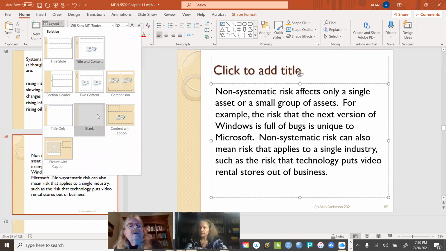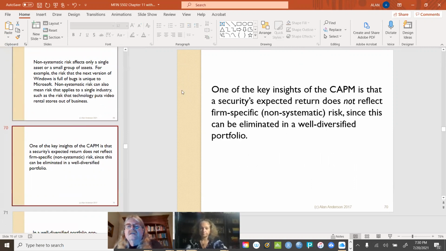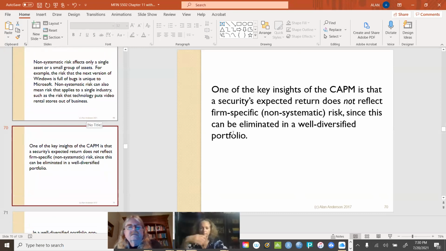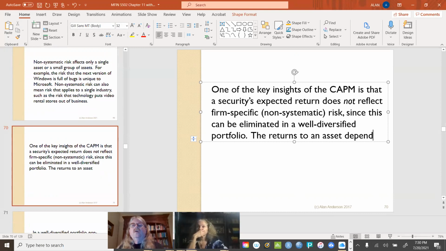So the thrust of this is that the CAPM tells us that the returns to a share of stock or any other asset only depend on systematic risk. In other words, the returns to an asset depend only on how much systematic risk it contains.